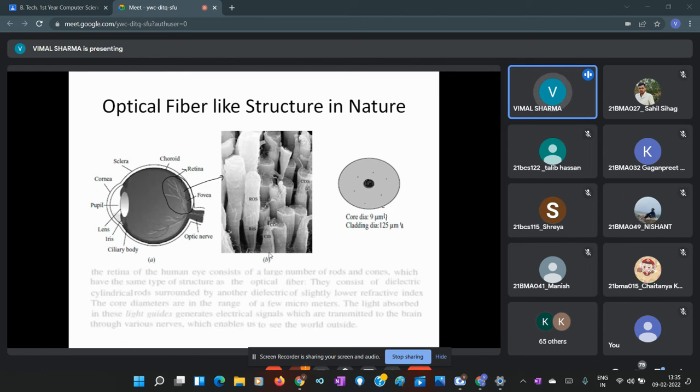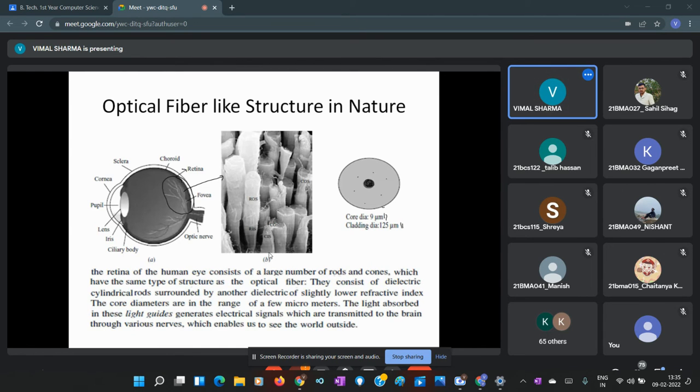So if we see the exact description, it is the retina of your eye. It consists of a large number of rods and cones, which have the same type of structure as the optical fiber. They consist of dielectric cylindrical rods surrounded by another dielectric of slightly lower refractive index. So there also the light signal goes by total internal reflection, and it gets further converted into electrical signal, which is absorbed and travels by this phenomenon.